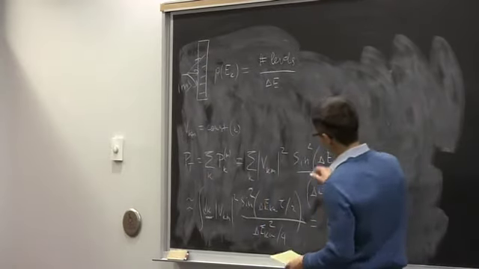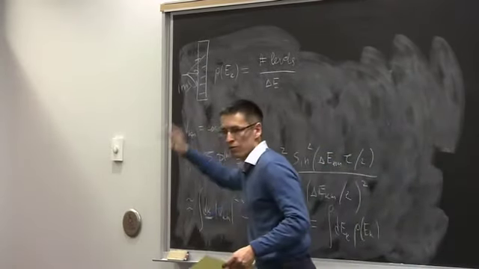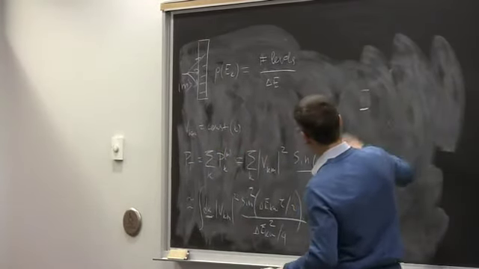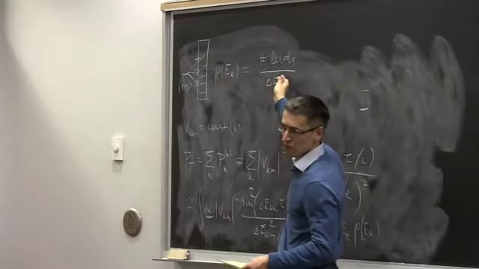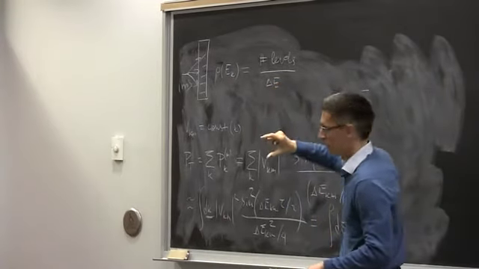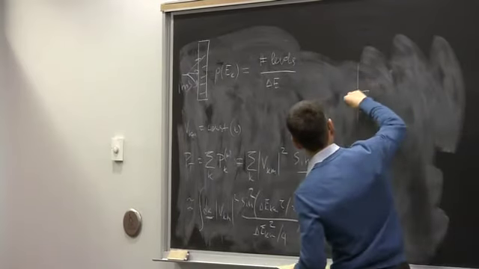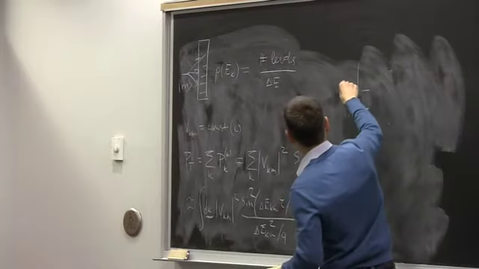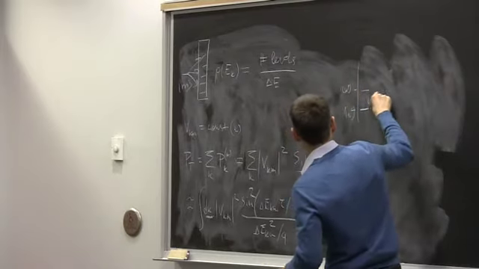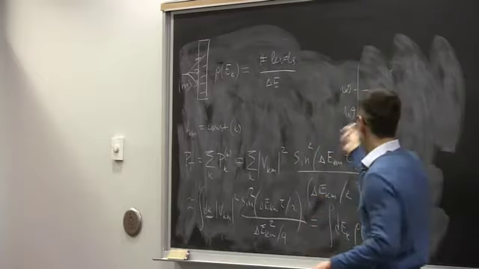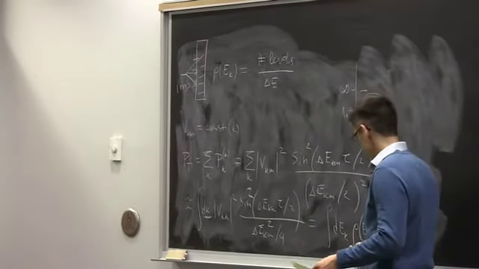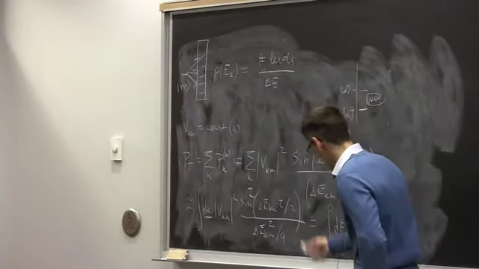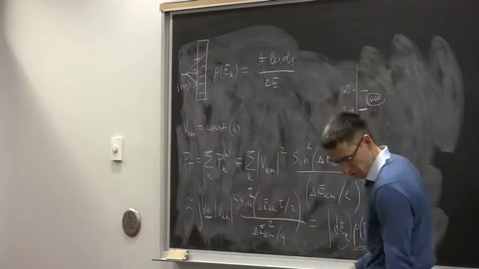Essentially, before we were counting the levels 1, 2, 3, 4. Now we're counting energy units, right? And then the density was the number of levels within that energy unit. So now we go by energies between, say, 1 kilojoule and 2 kilojoules. There's 1,000 levels, right? So we just introduce that 1,000 in the integral by putting the density of states. So now we can go by energy units instead of just units of levels.